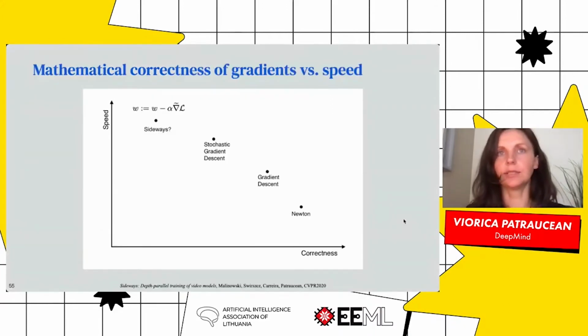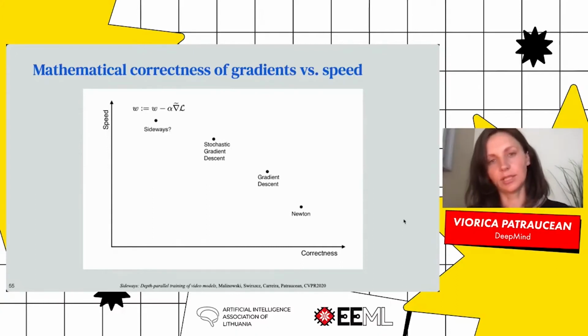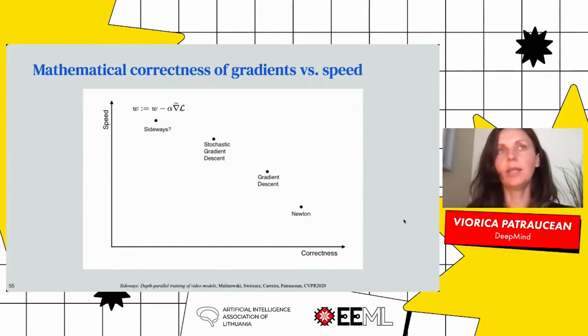To have an image of what we are doing, if we plot a landscape where on the x-axis we have the correctness of gradients, and on the y-axis the speed of computing those gradients, we could start at the very right with the Newton methods that have more correct gradients. Then going to the left to gradient descent and stochastic gradient descent, we start getting noisier gradients, but which are computed in a more efficient way.